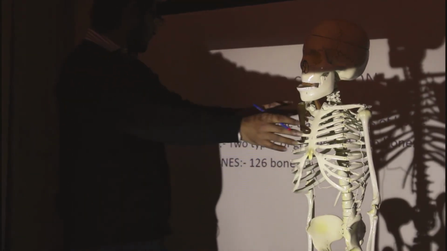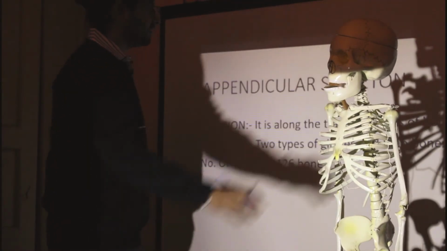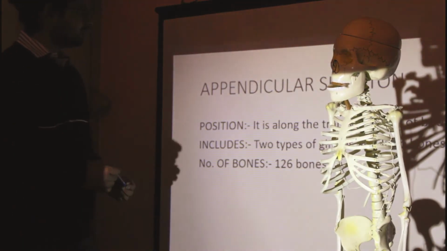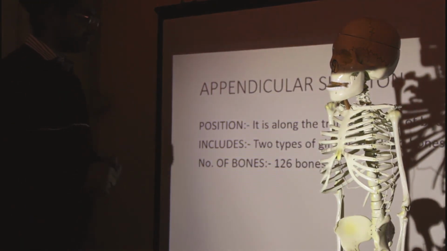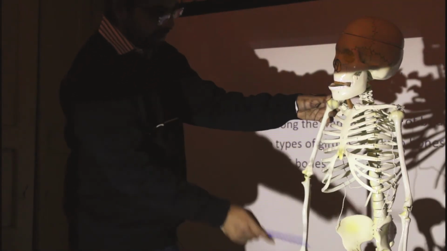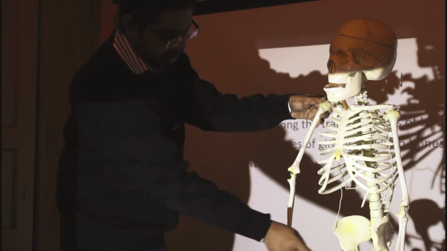Now the appendicular skeleton. It is along the transverse axis of the body. It includes two types of girdles and limb bones: the pectoral girdle and the pelvic girdle.